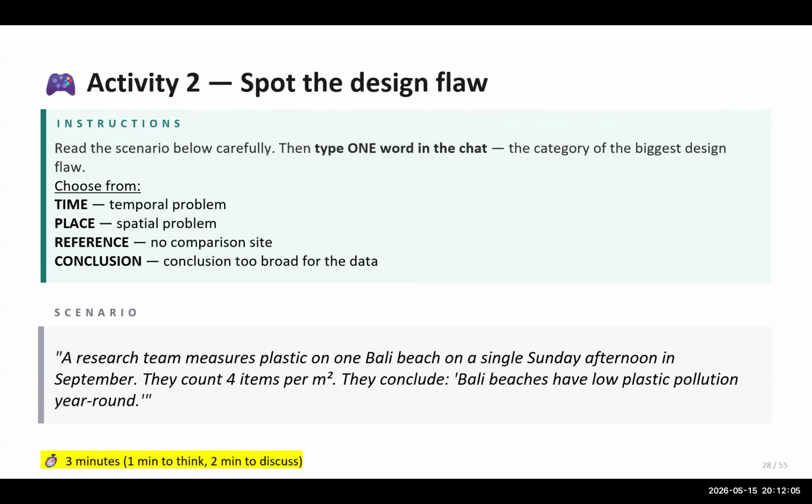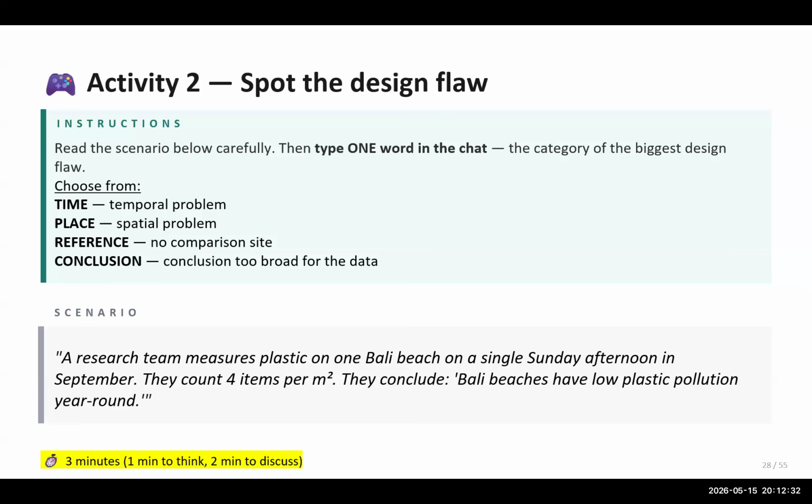So which one is the worst? Honestly, it's a matter of opinion, but here is my view. Conclusion maybe is the worst because the other three flaws could exist in different studies with an honest or modest conclusion. Maybe you are only able to measure a few times, but if you make conclusions according to that data, that will be acceptable.